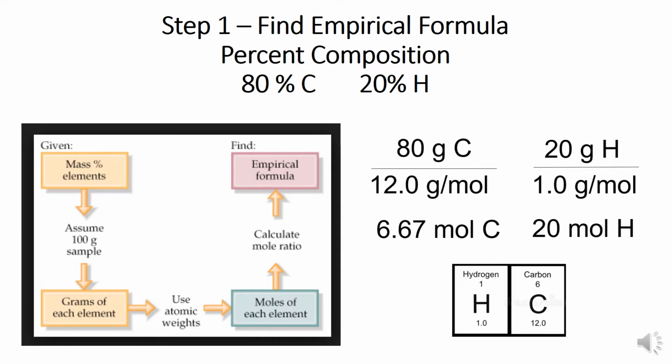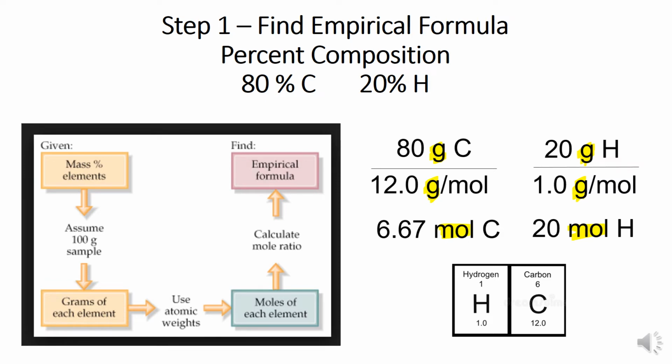Using that carbon is worth 12 grams per mole from the periodic table and hydrogen is worth 1 gram per mole, we can divide the mass as provided by the number on the periodic table, the atomic mass, and by doing so, hopefully we're going to see that the units of grams are going to cancel, leaving us with the unit of a mole. So we've just completed step 2.